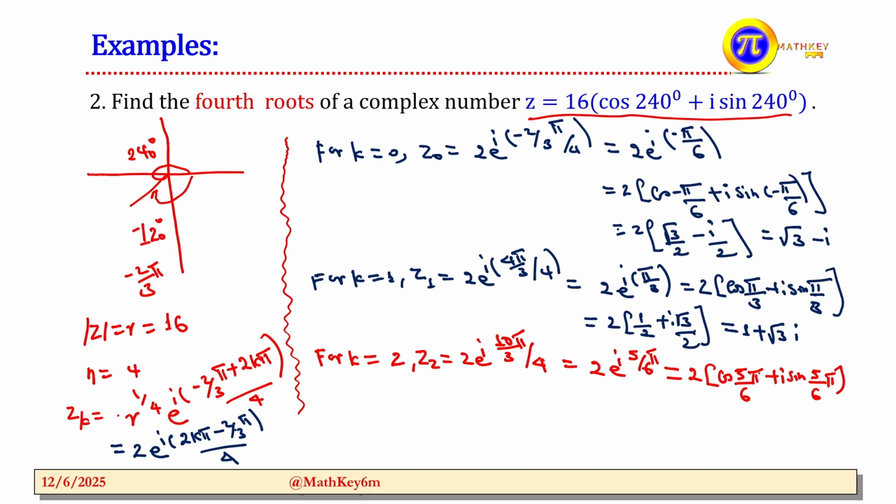Your formula, this 5 over 6 pi means that is almost 150 degrees. It lies in the second quadrant. In the second quadrant, the value of cos is negative and the value of sine is positive.